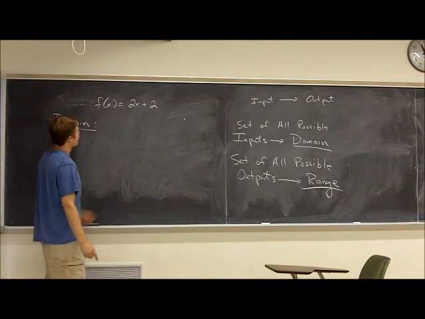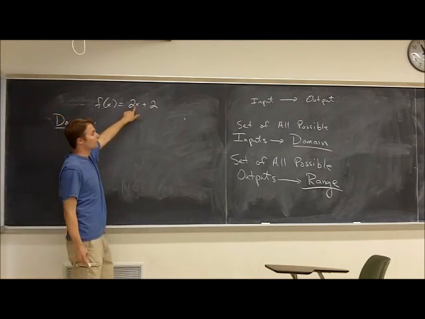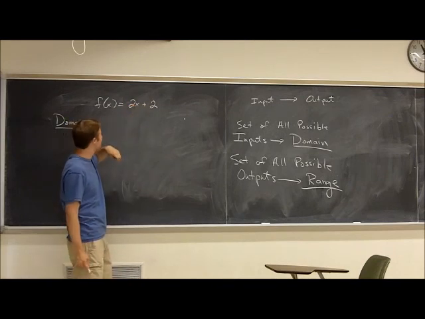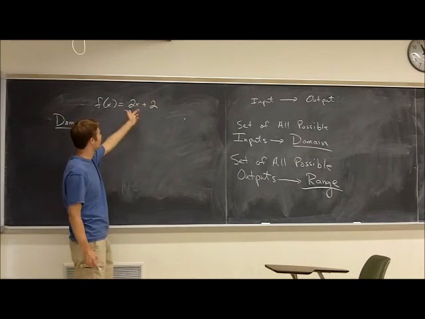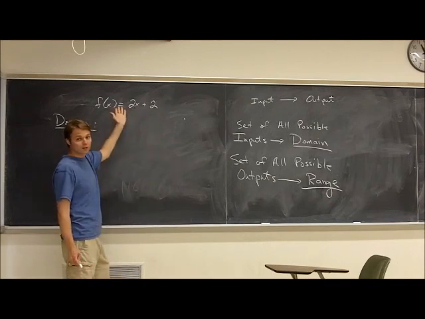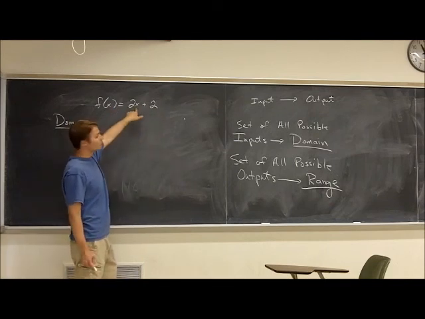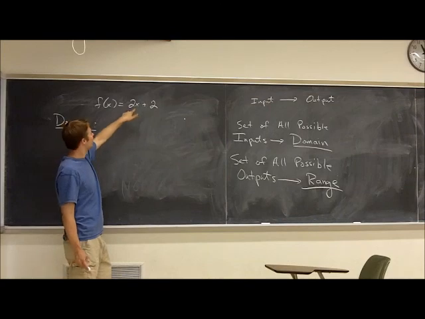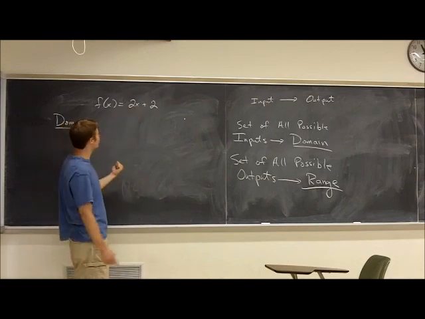So for example, I can definitely put in 1, because if I put in 1, I get an output value. I get an output value of 4 in this case. I can put in x equals 0 because I'll get an output value of 2. I can put in pretty much any number I can think of, right? And in fact, there's no bad x's that I can put into this that will make this function not work. If I put in negative numbers, it works fine, I'll get an output.